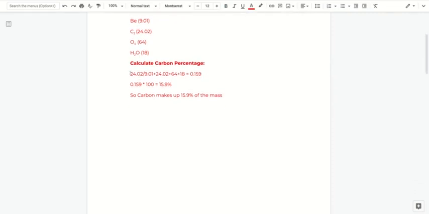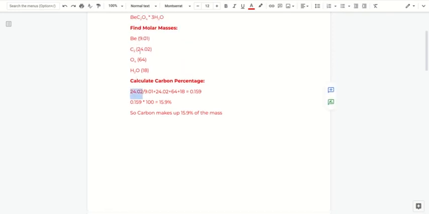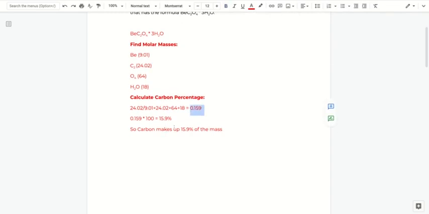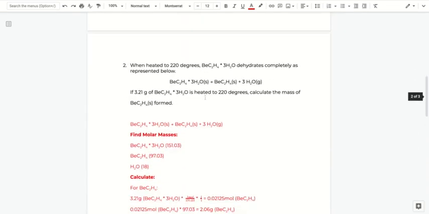Then to calculate the carbon percentage, I said here's how much carbon there is, and divided by the entirety of this molecule, which I added up, to get this number. Then I multiplied it by 100 to find the percentage value. So I found carbon makes up 15.9% of the mass.